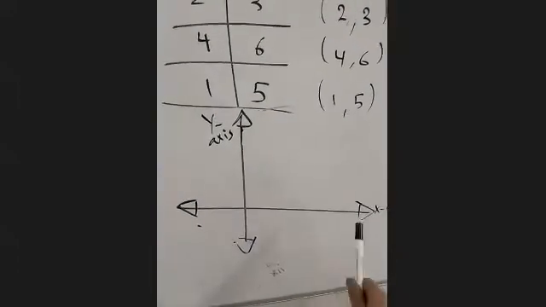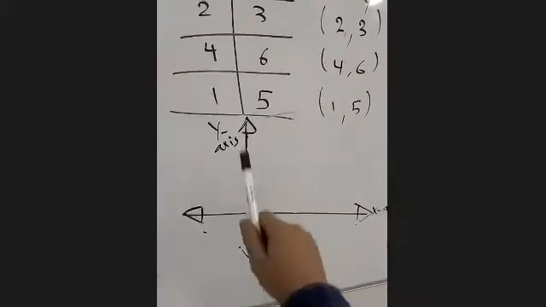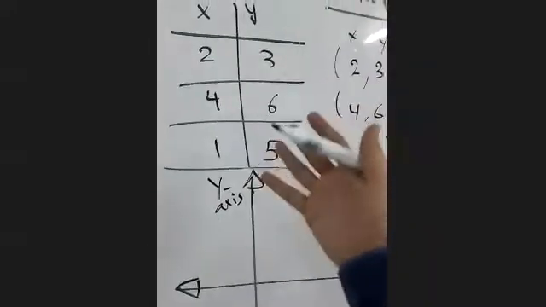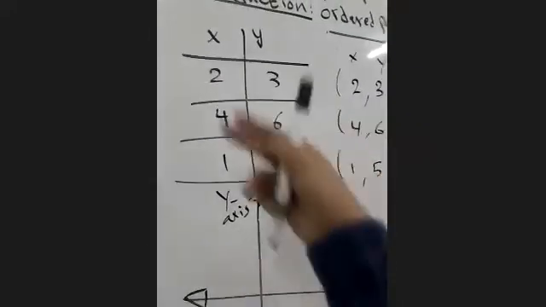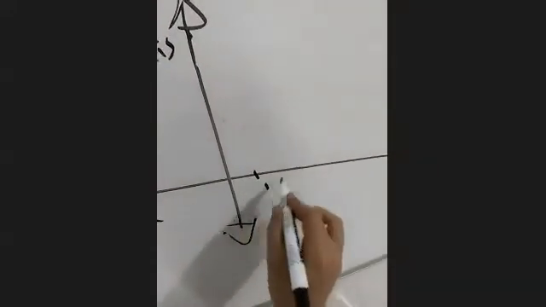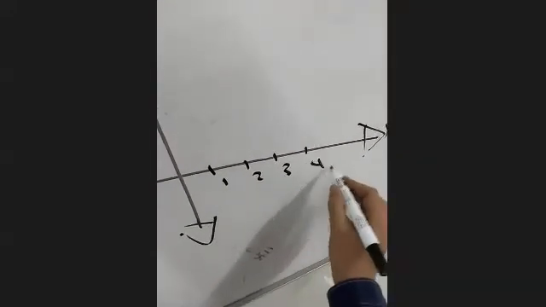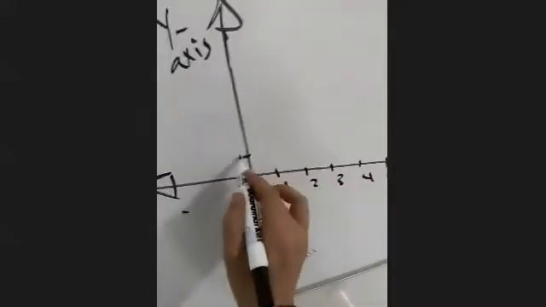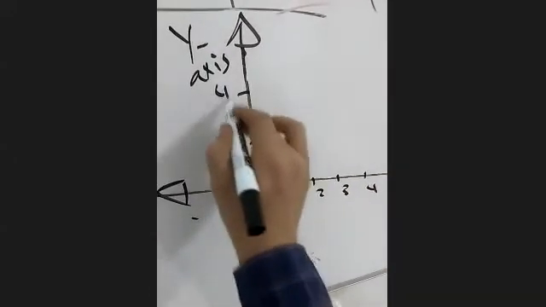And here we put numbers as much as we need for the question. Here the biggest number is 6, so I can put up to 6 here. So 1, 2, 3, 4, 5, 6. 1, 2, 3, 4, 5, and 6.